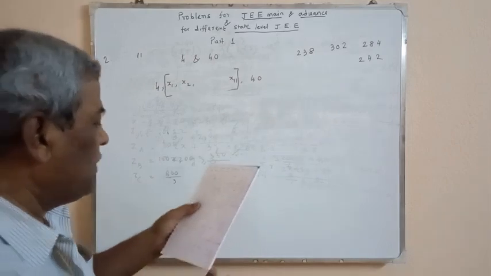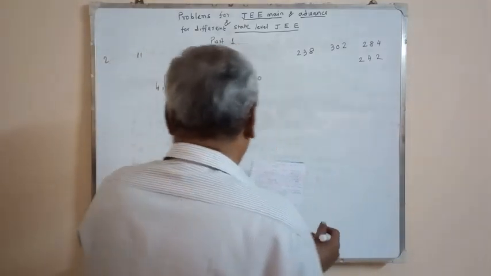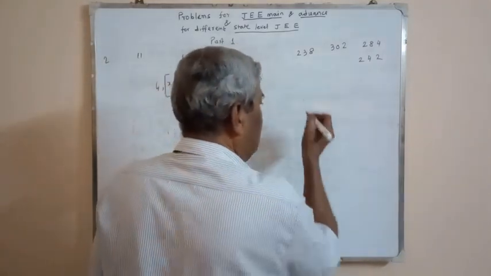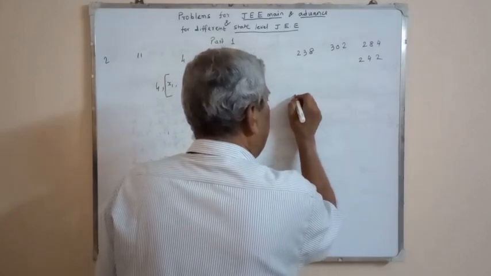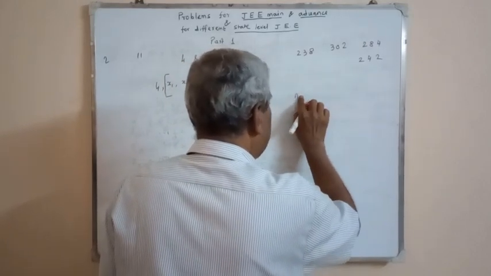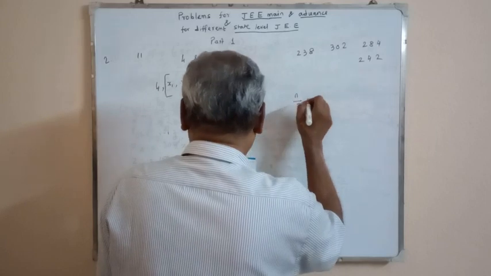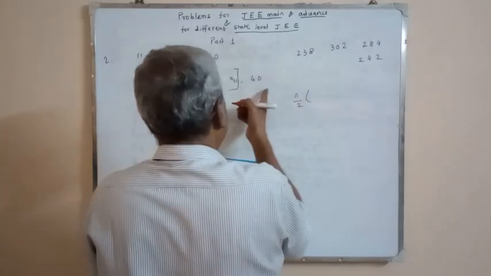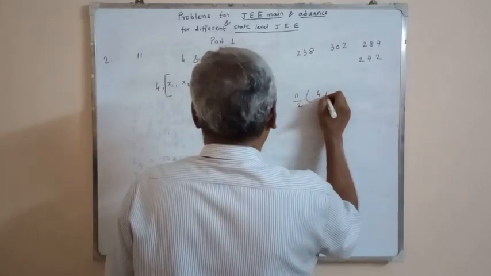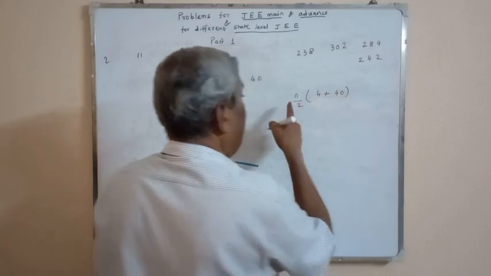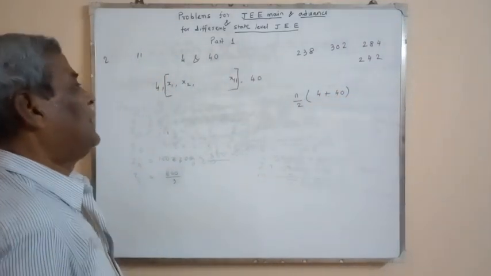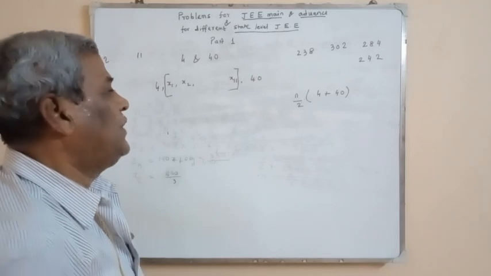But using the formula that I just now discussed, the sum is equal to n by 2 into (a plus b). Here n means the number of arithmetic means introduced.